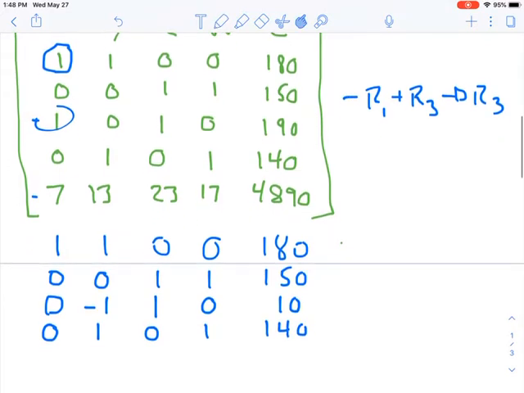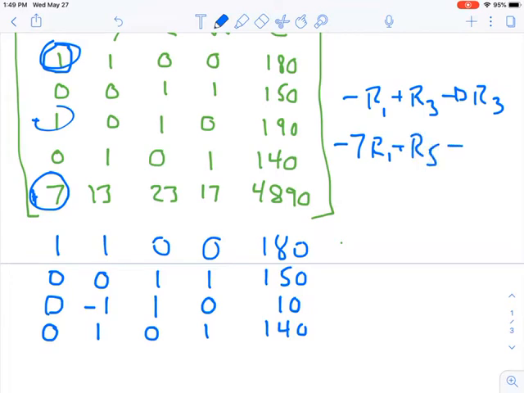And then finally, my last row, I need to make this 7 into a 0 using my pivot number, which is the 1 again. So I'm going to do negative 7 times row 1 plus row 5 replaces row 5. You have to forgive me, I have a really bad stylus. So negative 7 times 1 is negative 7 plus 7 is 0.